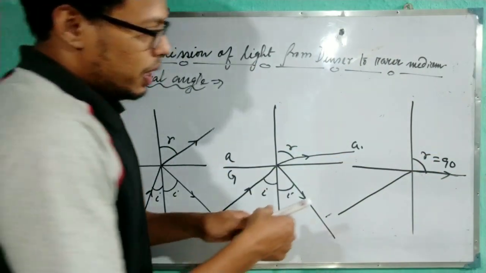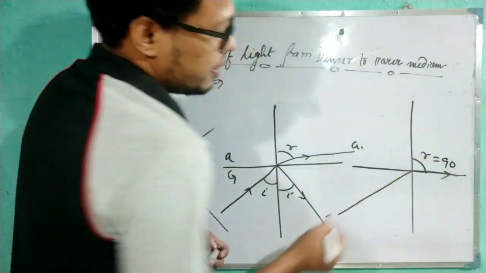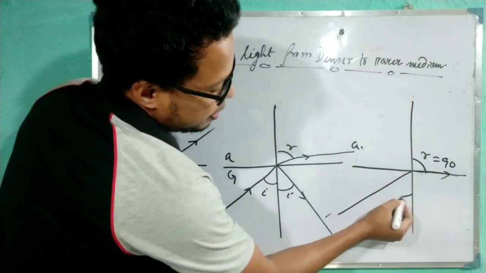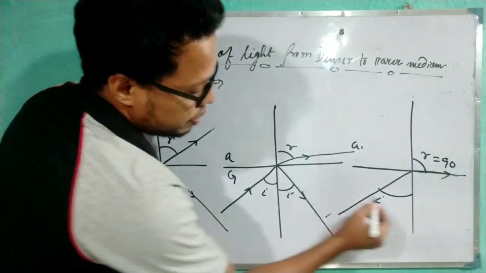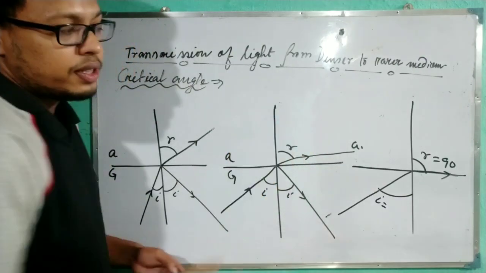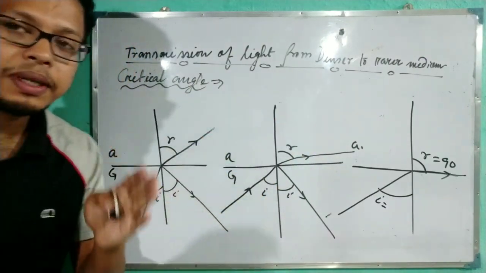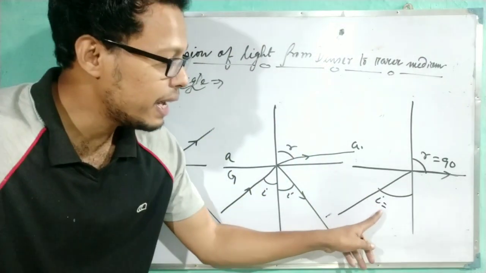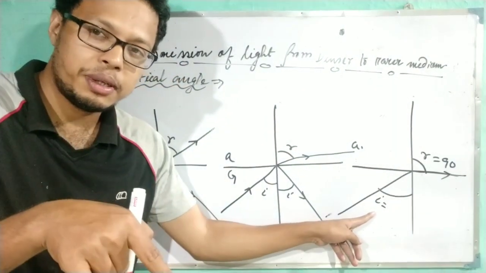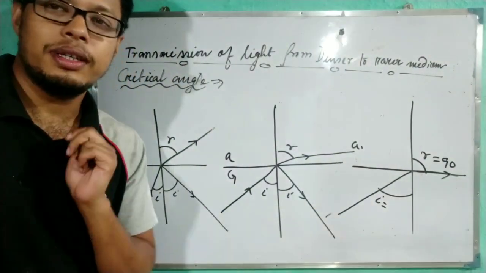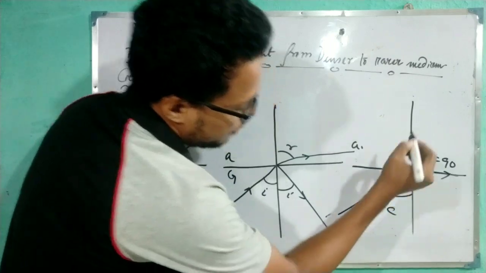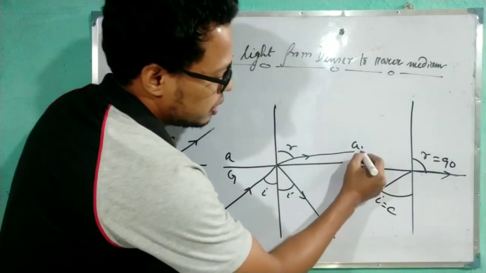Okay. Now in this case, at the angle of incidence for which the angle of refraction becomes 90 degrees, that angle of incidence in the denser medium is called the critical angle. I am writing C. This is glass, this is air.